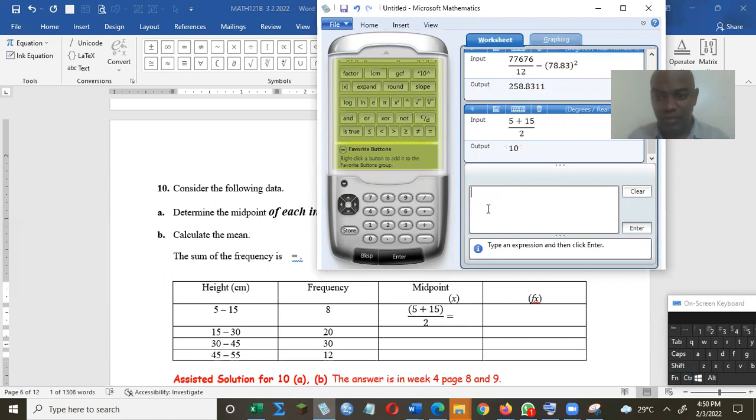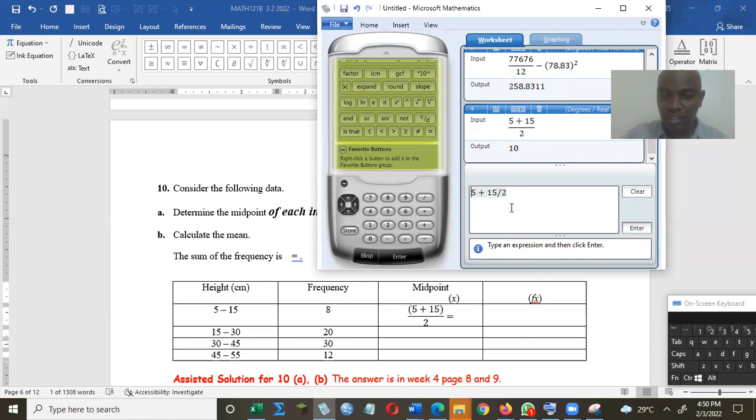The midpoint between 5 and 15 is 10. But let's say you don't put the bracket, and you type 5 plus 15 divided by 2. The calculator is going to do that division first and then add it to 5, because division comes before addition in the order of operations, and all calculators are programmed for that. So you're not going to get 10.